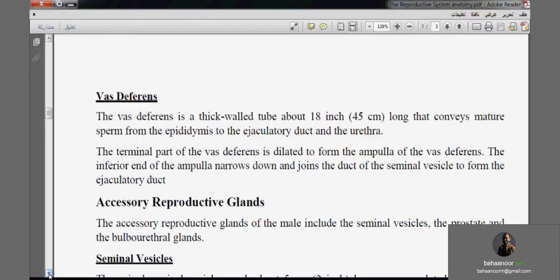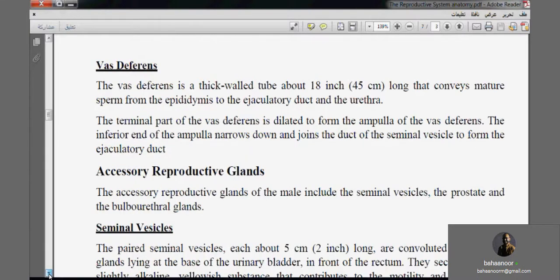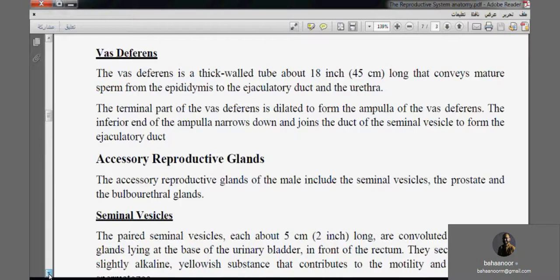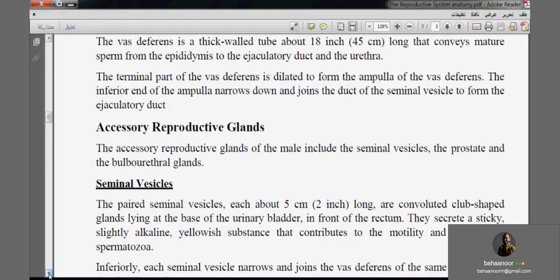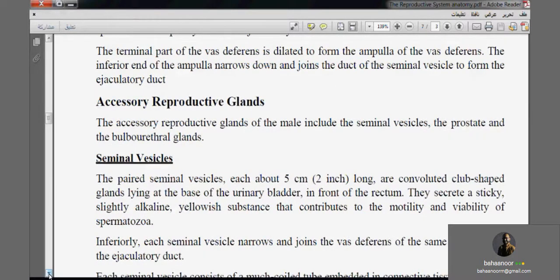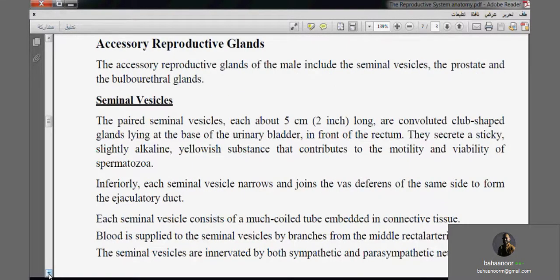The accessory reproductive glands of the male are the seminal vesicles, prostate, and bulbourethral glands. The seminal vesicles are paired, each about 5 cm long, convoluted club-shaped glands lying at the base of the urinary bladder and in front of the rectum.